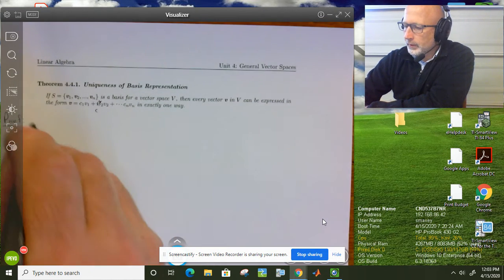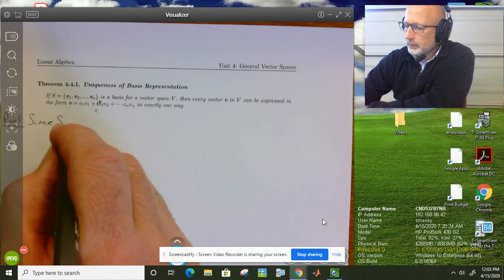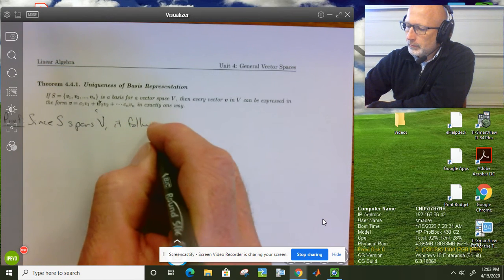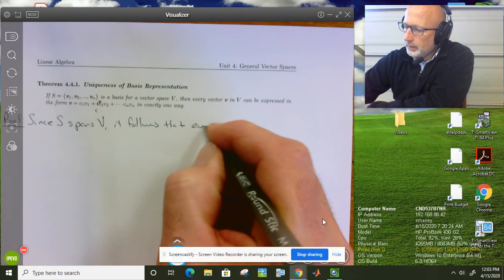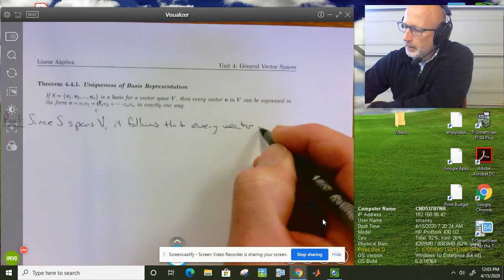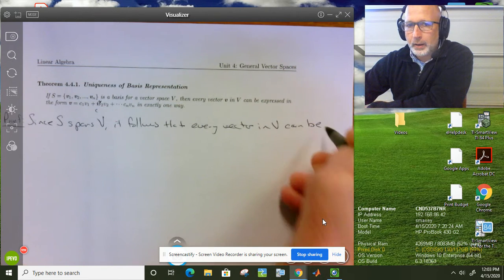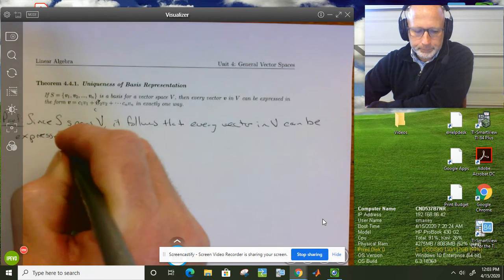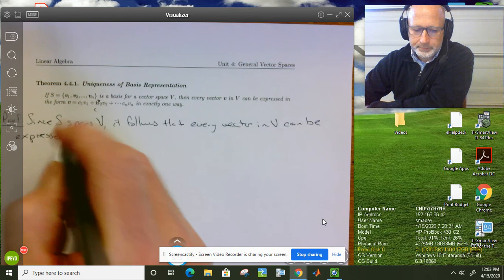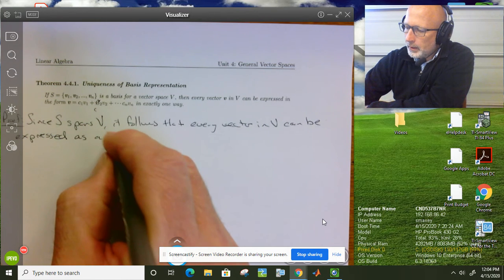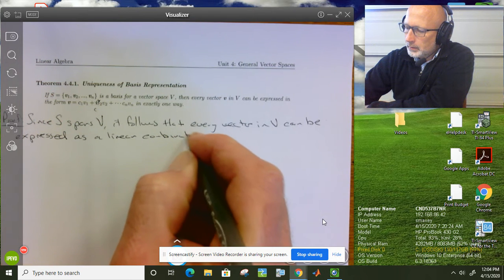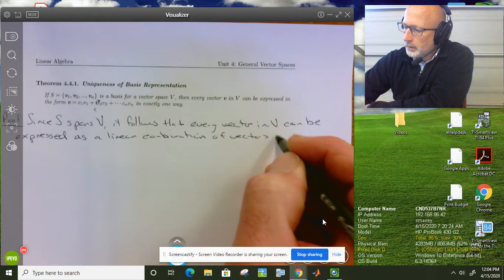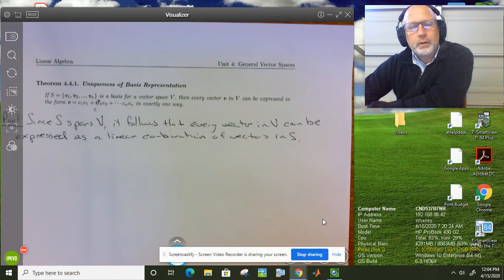Okay, so since S spans V, it follows that every vector in V can be expressed as a linear combination of vectors in S. Okay, so we're going to assume that there's more than one.